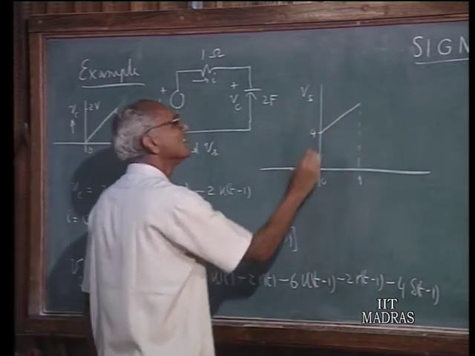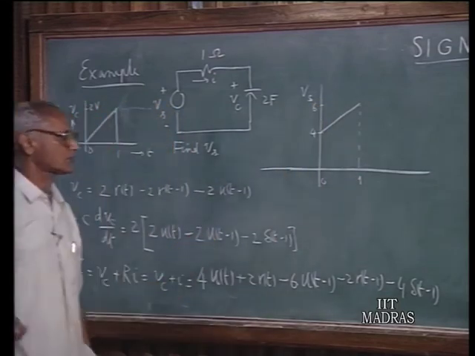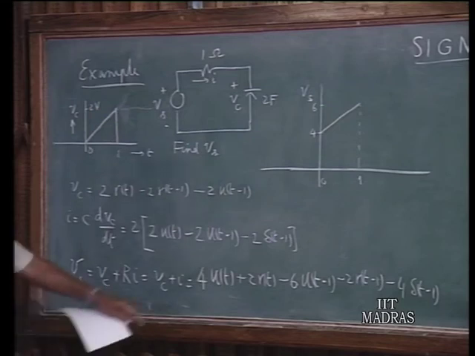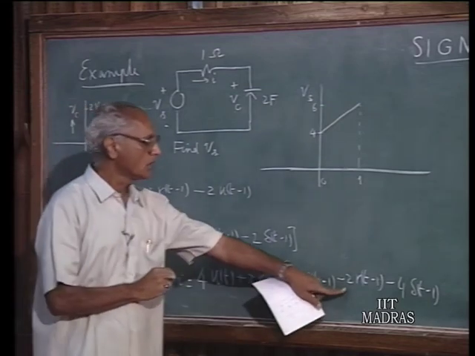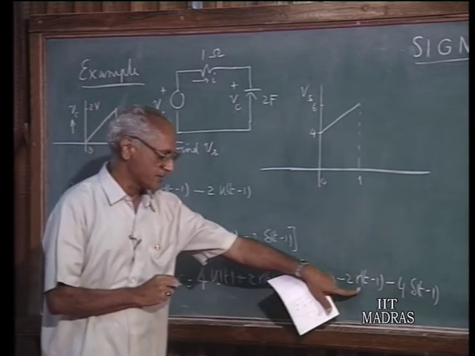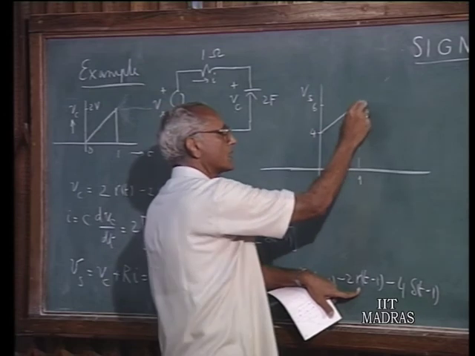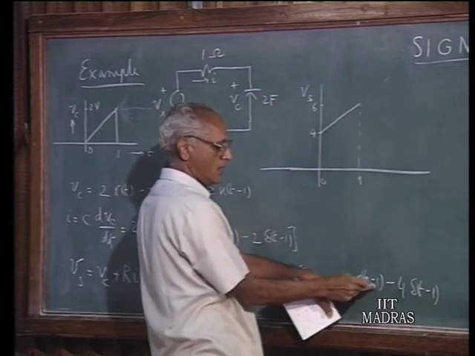So, up to 1 this will build up to a value of 6 volts. At this point of time you have a negative going ramp of 2 units. Therefore, whatever was increasing earlier is now pulled down by the same slope.